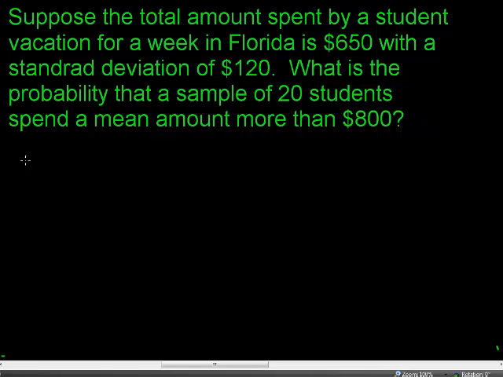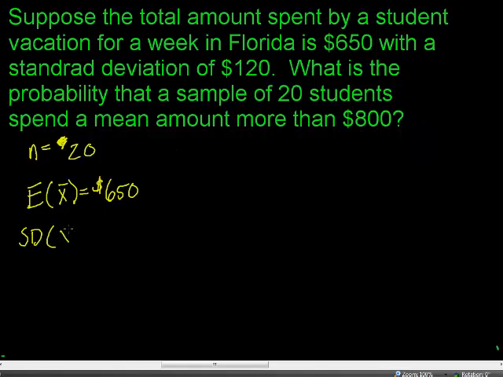Well, let's talk about what we expect. What do we expect for a sample of 20 students? First off, I certainly expect that their average would be the truth. Why would I expect anything else than $650? If that's what the average is, that's what I expect. But my standard deviation is going to be a little bit different because I have 20 kids, right?